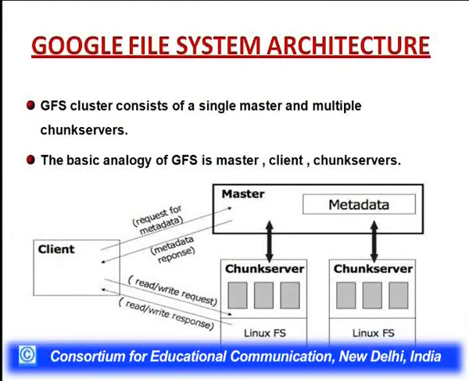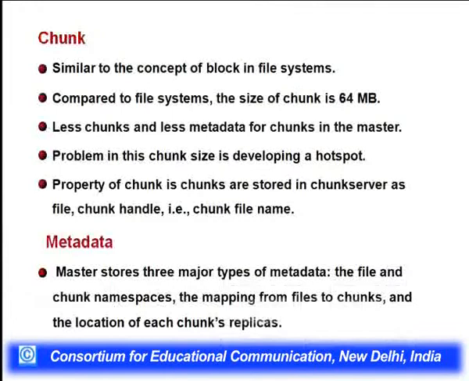The metadata can contain information about the name of the client, the timestamp at which the client accessed the file system, and other things like the size of the file which the client is requesting. A chunk is similar to the concept of blocks in a file system.